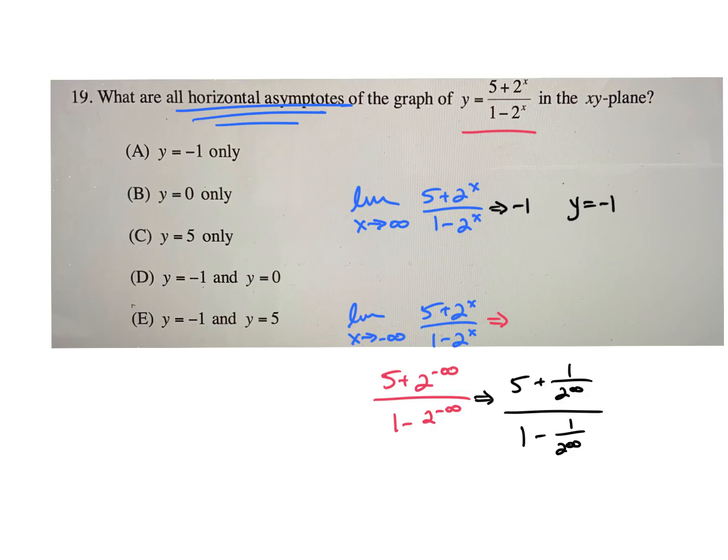What does 1 over 2 to the infinity do? It goes to 0 because the bottom got really big and I have a number up top. And so that goes to 0. So now I have 5 plus 0 over what? 1 minus 0. And so my limit as x approaches negative infinity would be what? 5. And so I have y equals negative 1 and y equals 5.